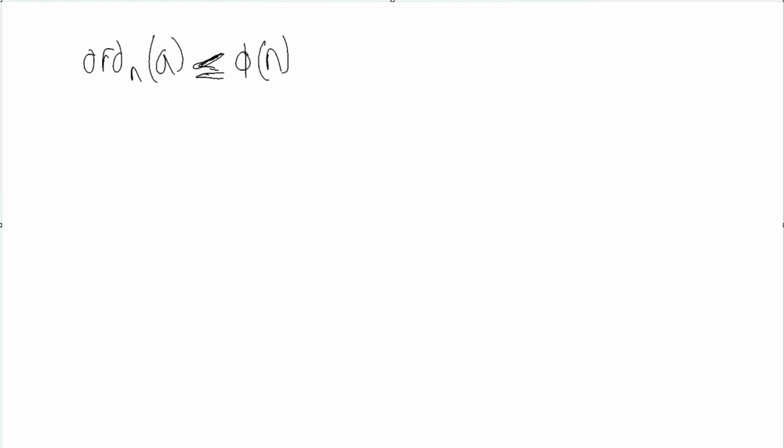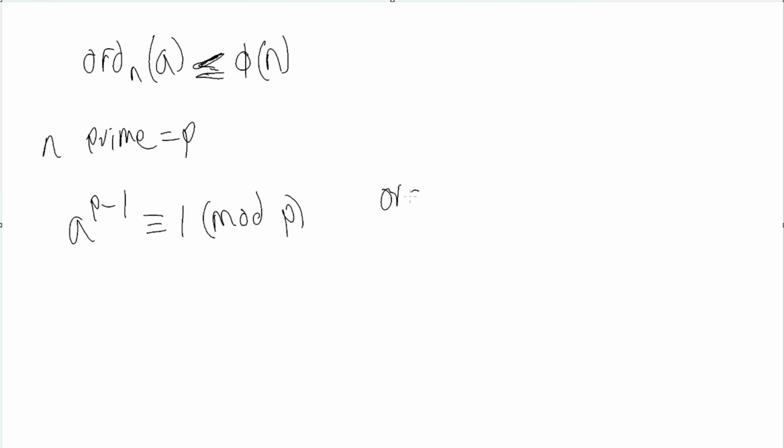And sadly, in the case of when n is prime, the answer is yes. There is always an element such that a to the p minus 1 is equivalent to 1 mod p, and the order modulo p of a is equal to p minus 1.